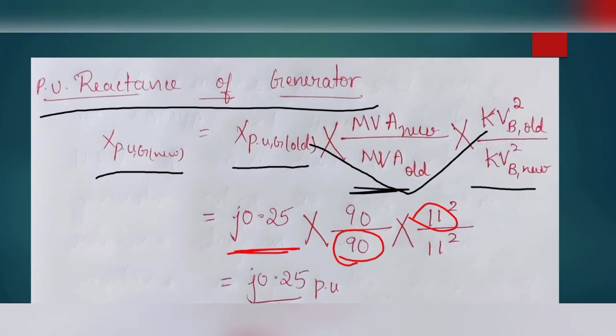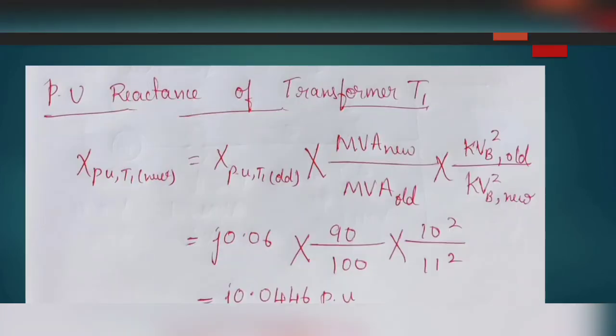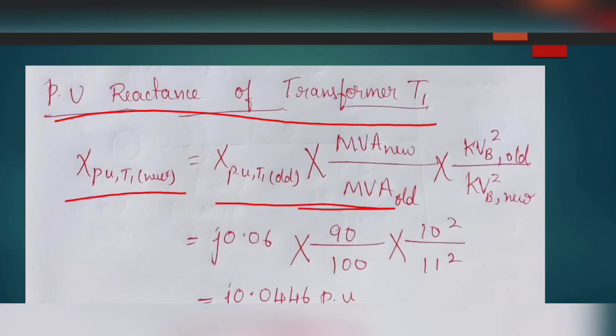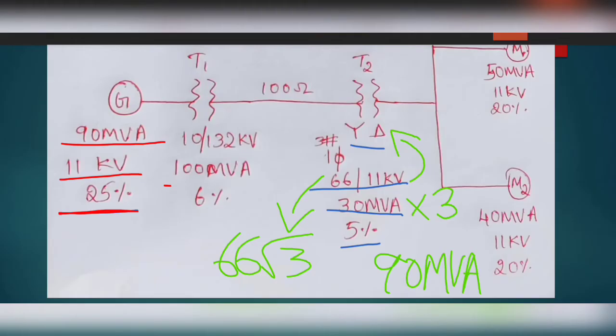Next, coming to the PU reactance of transformer T1. XPU T1 new is equal to, this is the formula. Substituting the old values, the old value of the transformer is 100 MVA, 6%, and the voltage can be 10 or 132 kilovolts.